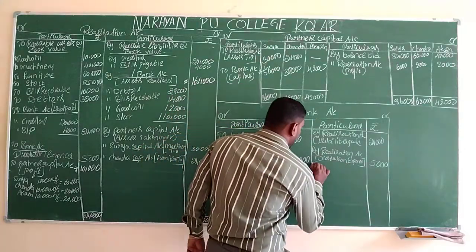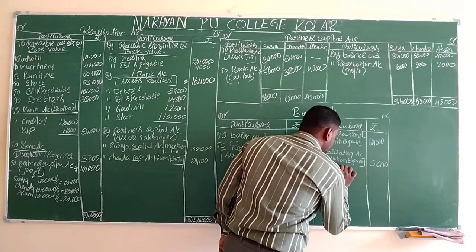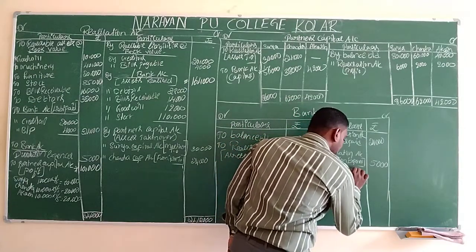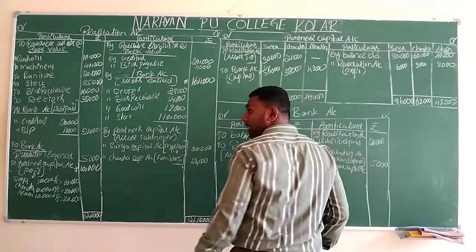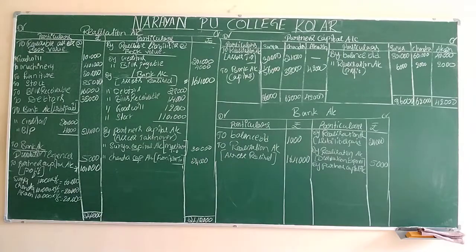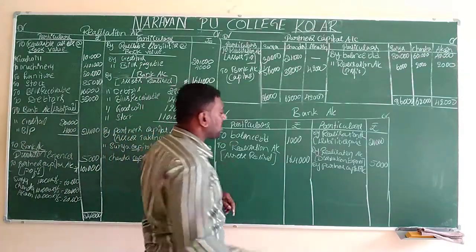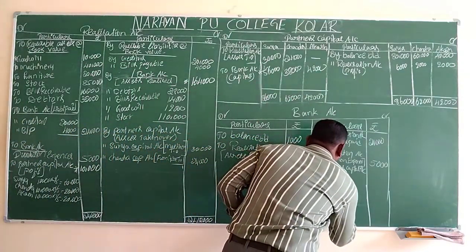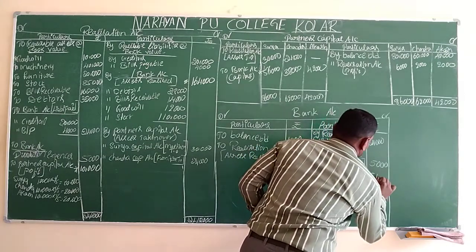So we will write by partners capital account. Partners capital account. For whose capital accounts will we get the difference? First partner Surya, we will get the difference of 56,000 rupees.